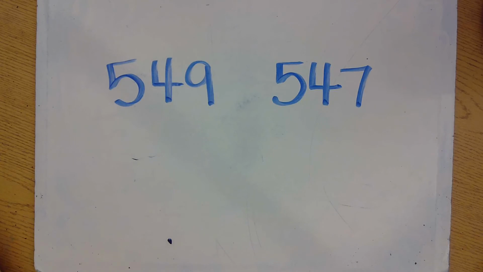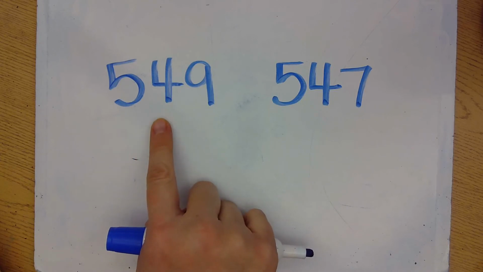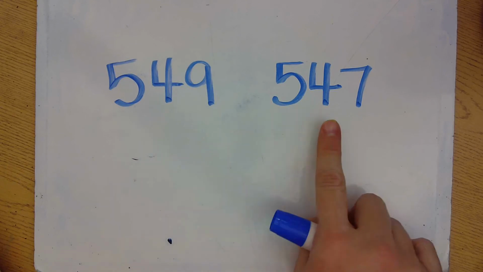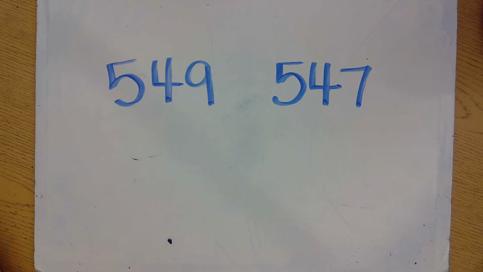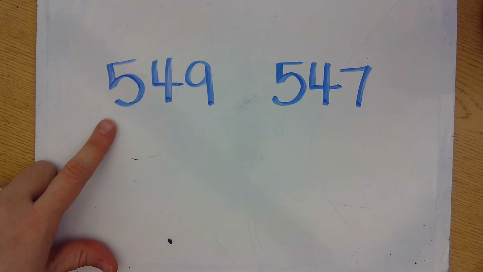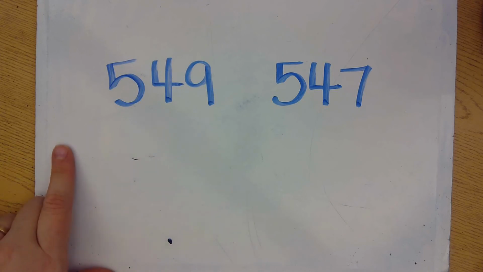Now what we're going to do is we're going to use place value to compare numbers. We're going to talk about what expanded form means and use that to help us compare the numbers. Here we see two new numbers. This number says 549. This number says 547. Let's go ahead and use expanded form to help us compare these two numbers. So expanded form is when we break the numbers apart depending on where the numbers are in the place value.